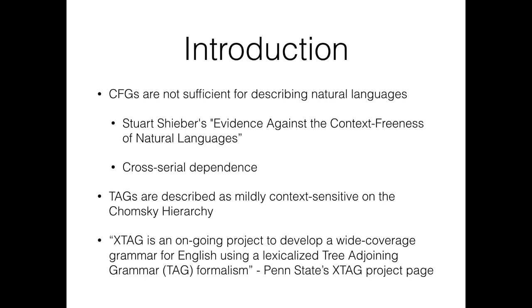Natural languages are non-context-free. This wasn't always known though. There was a paper by Stuart Schreiber called Evidence Against the Context-Freeness of Natural Language, where he demonstrated that a particular construction in Swiss German was isomorphic to something that was a known non-context-free language, ergo proving that, at least for the case of this Swiss German construction, natural language wasn't always context-free.